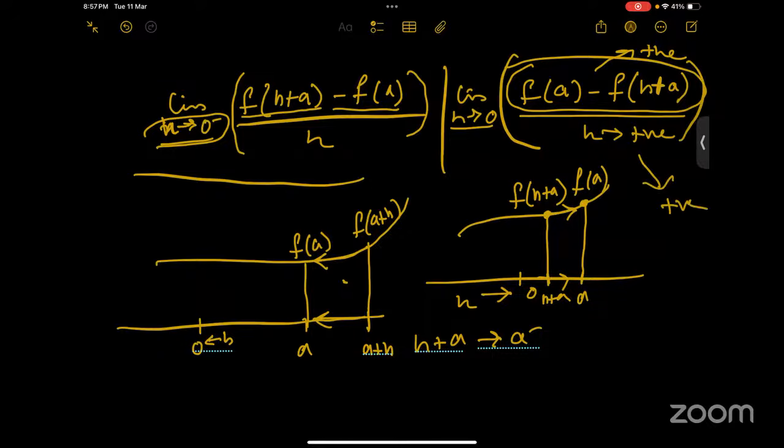And here, this is a negative quantity and h is tending to 0 from the negative side, means this is also a negative quantity. That means the whole thing is positive again. Whether you take both as positive or both as negative, that is why we have these two types of possibilities.